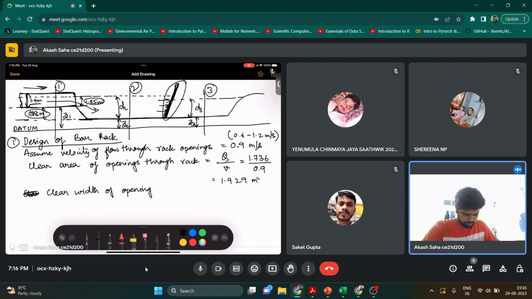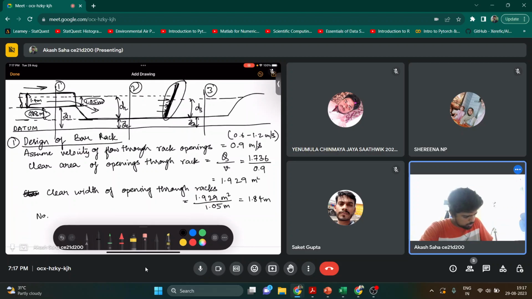Clear width of opening through racks will be my area divided by the height. So it will be 1.84 meter. So I got the clear width.